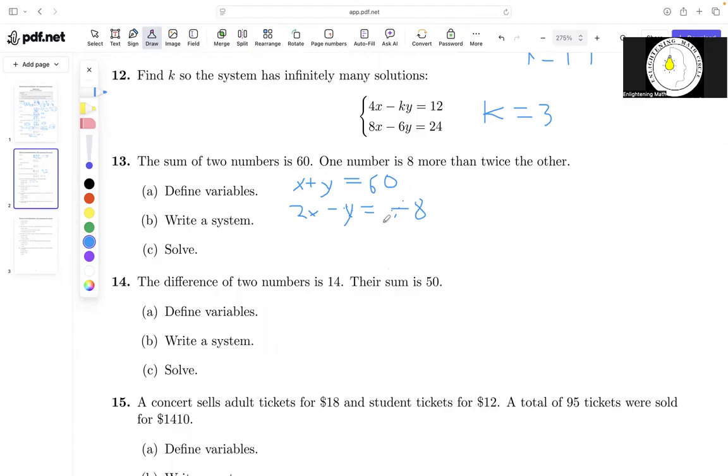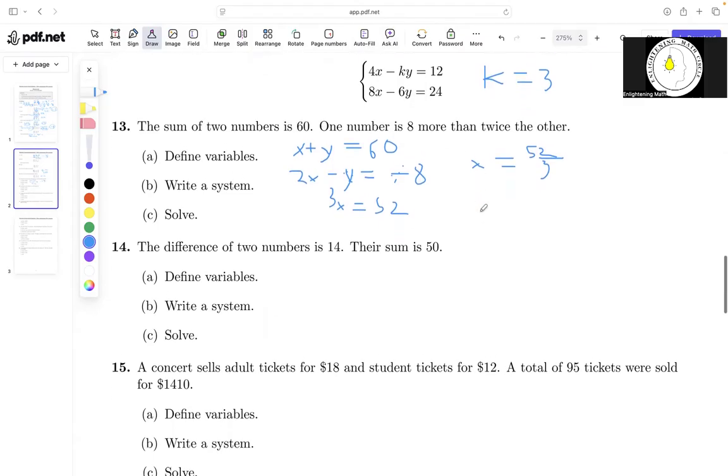So cancel these two out with addition. 3x equals 52. So x equals 52 over 3. And then once you have that, just plug it back in and solve for y. We don't really need to go over that.